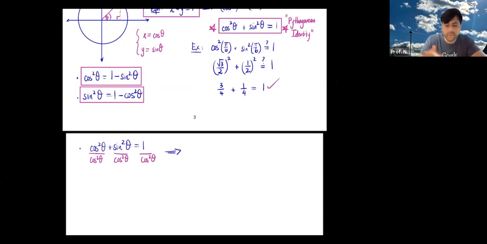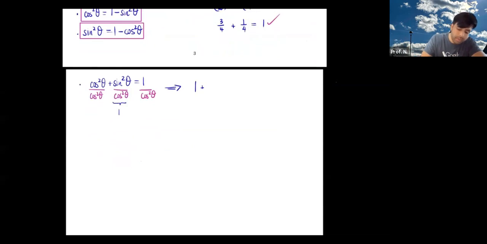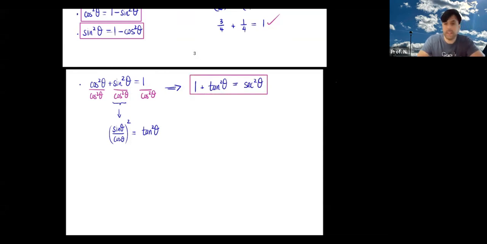Well, cosine squared theta over cosine squared theta is 1. Sine squared theta over cosine squared theta, you can write as sine theta over cosine theta, parentheses squared. Sine theta over cosine theta is tan theta. So you can write this as tangent squared theta. And if you've got 1 over cosine squared theta, then you can write this as secant squared theta. And now this is another identity, a trig identity, that comes from the Pythagorean identity.